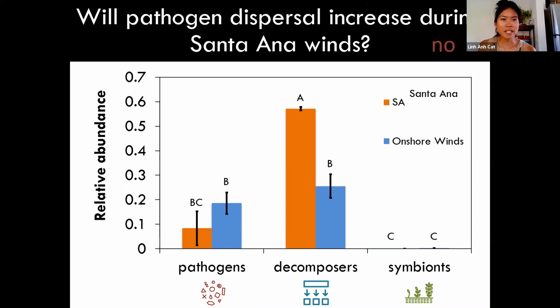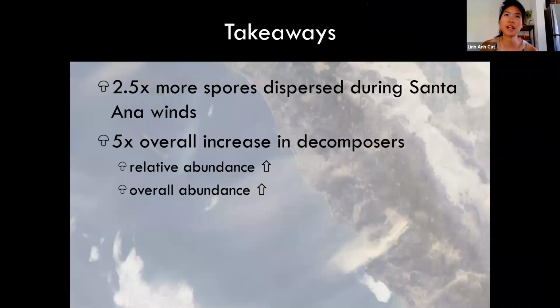It's actually, when you take into account the overall abundance, what we found using the microscope, the total amount of pathogens is identical during normal conditions versus Santa Ana conditions. The same total amount. The decomposers, however, we're seeing an increase of 5 times more decomposers landing during Santa Ana winds.